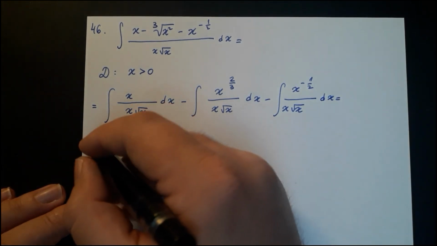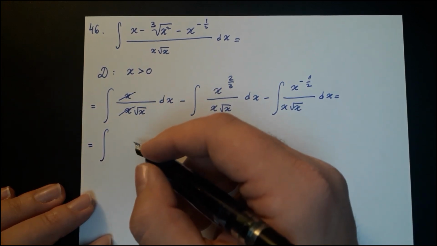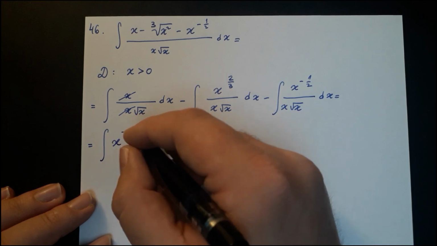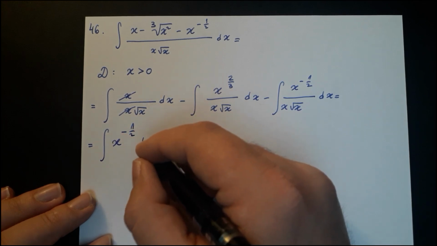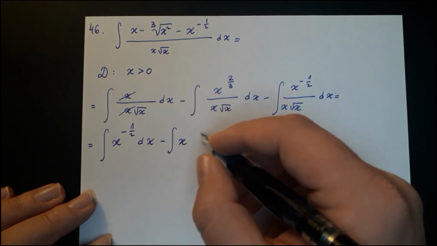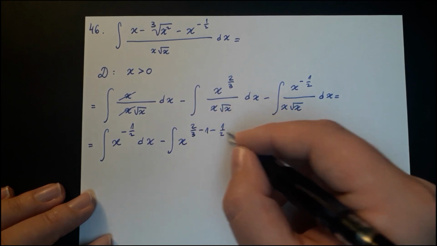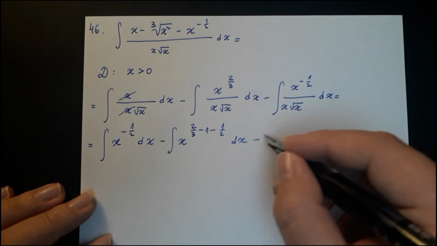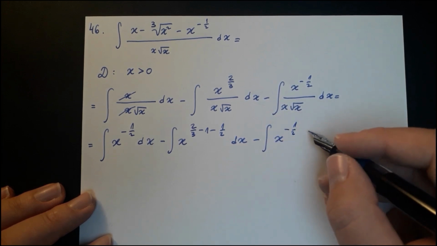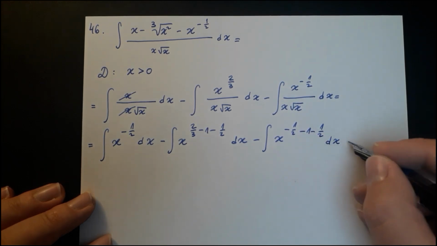And that is equal to an integral where x and x can cancel out, and we are left with x to the power of negative 1/2 dx minus an integral of x to the power 2/3 minus 1 minus 1/2 dx minus an integral of x to the power negative 1/2 minus 1 minus 1/2 dx.